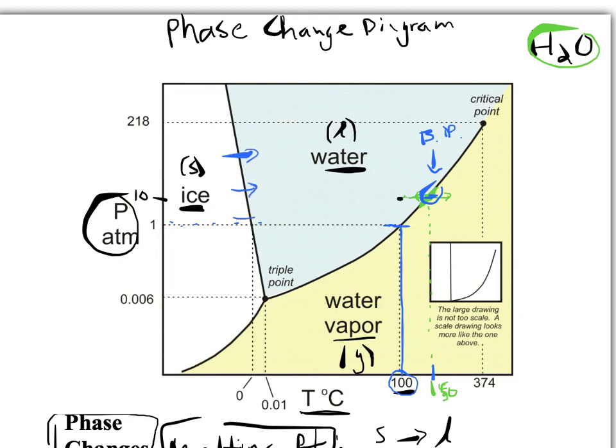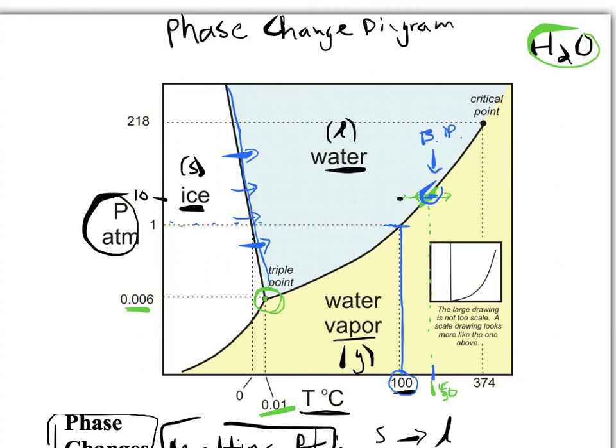Notice depending on what pressure we're at, there's a slight shift towards the right of this equilibrium line for the melting point of H2O. One cool thing to notice is what's called a triple point, which is right here. At 0.006 atmospheres and 0.01 degrees Celsius, water is in equilibrium in all 3 phases.